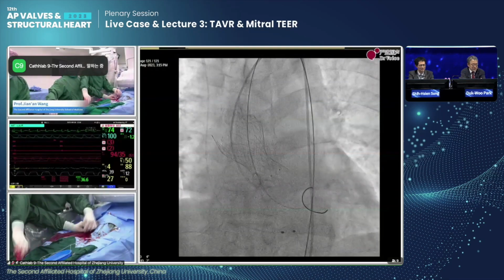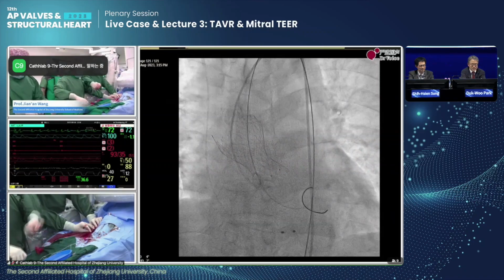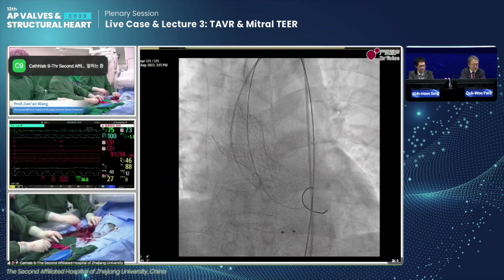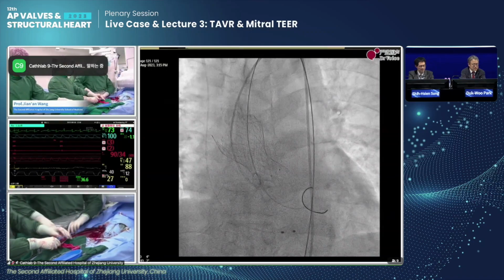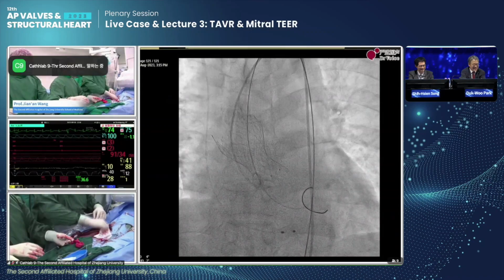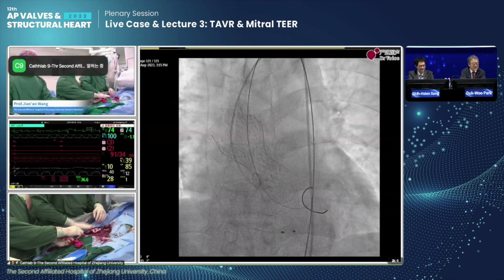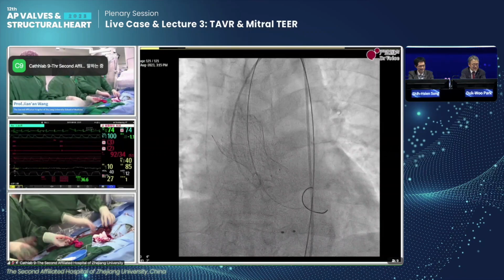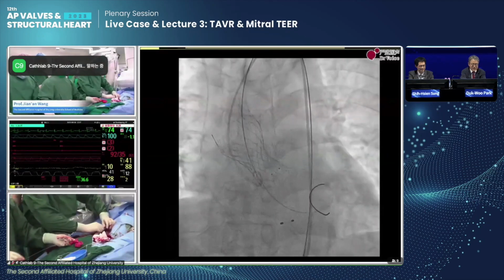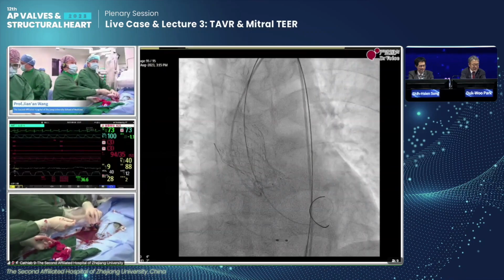Let's change to a bigger sheath. Right now the quality of the sheath is not good. Okay, good.